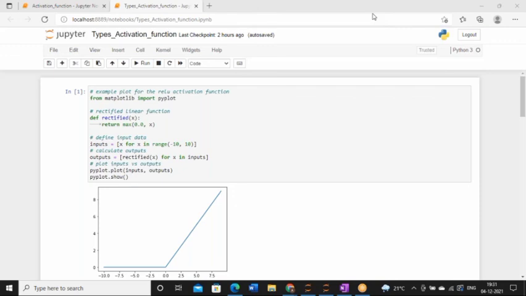Whatever activation function a CNN uses, an RNN will not use the same one. So it differs from architecture to architecture. And whenever I'm using an activation function on the output layer, it depends on the type of prediction.